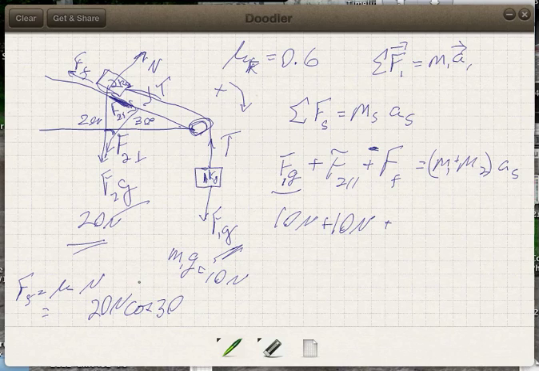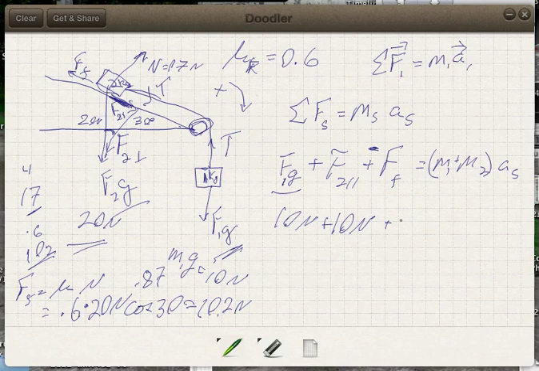The cosine of 30 is 0.87 approximately, and mu is 0.6. So 0.87 times 20 is 17. So the normal force is equal to 17 newtons. Times 0.6 is 10.2 newtons.